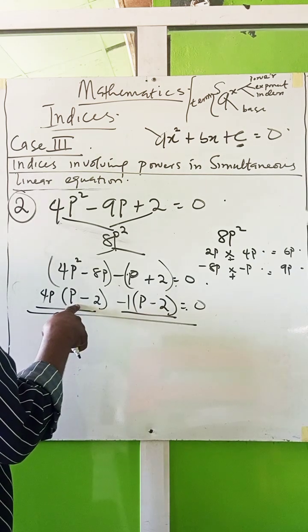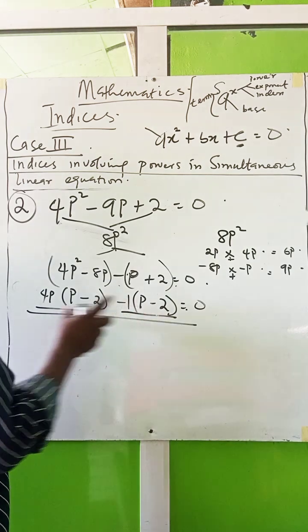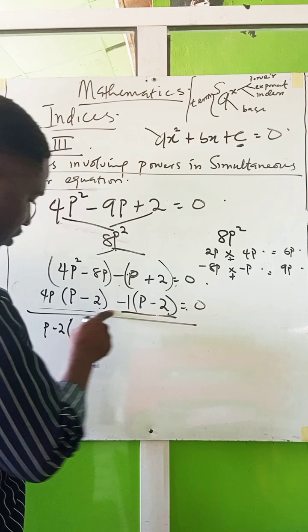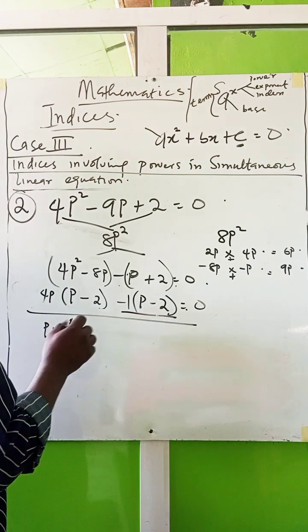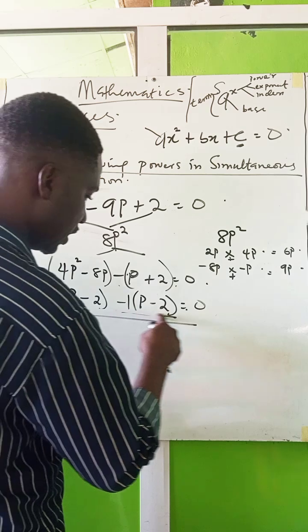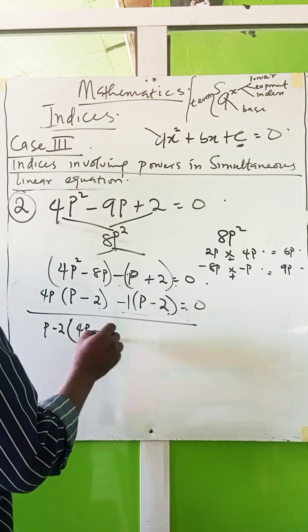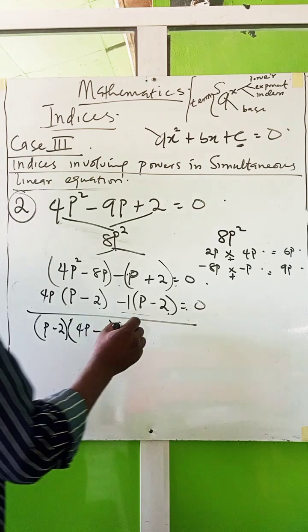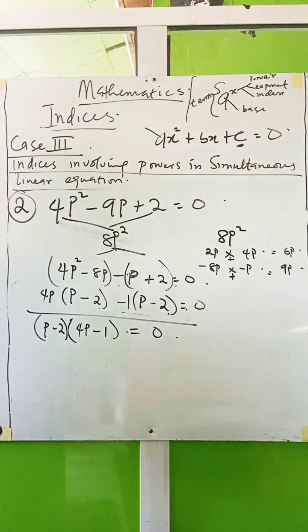P minus 2 is here, p minus 2 is here. So take one p minus 2. P minus 2 in this single expression will leave 4p. P minus 2 in this single expression will leave minus 1. So we just bracket this, and it all equals 0.